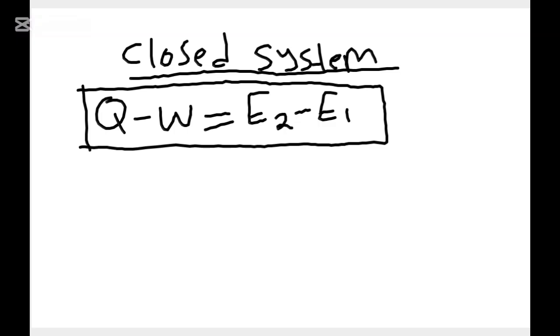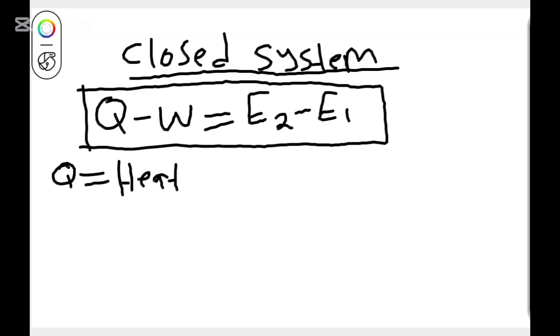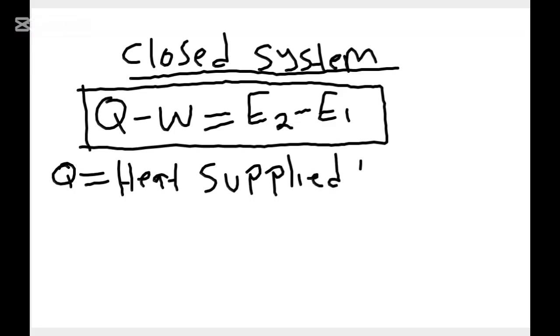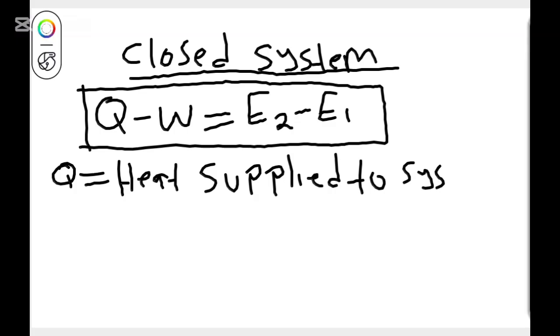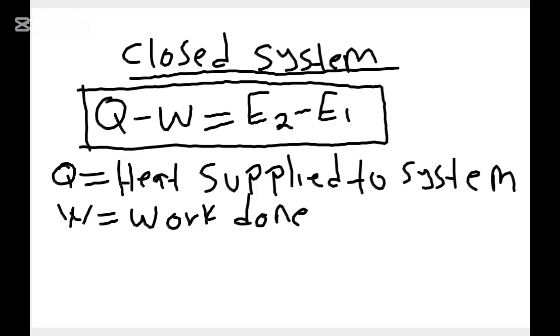And you have to take note that the Q stands for the heat supplied to the system, and W is the work done by the system.